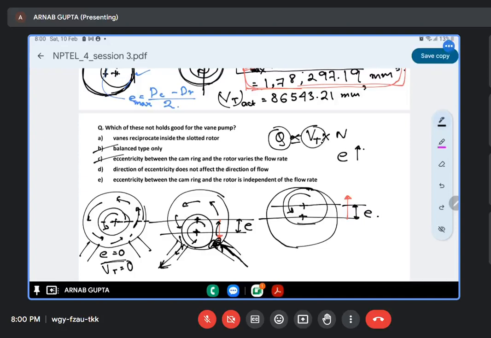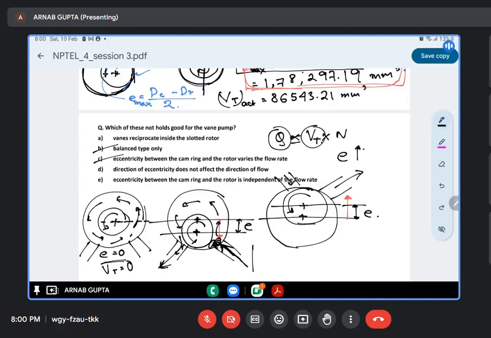In this case, the suction will be from this side, and the delivery will be on this side. So basically, we are seeing all these things in the same plane, but it is not so. Generally, there are two different planes for the ports.